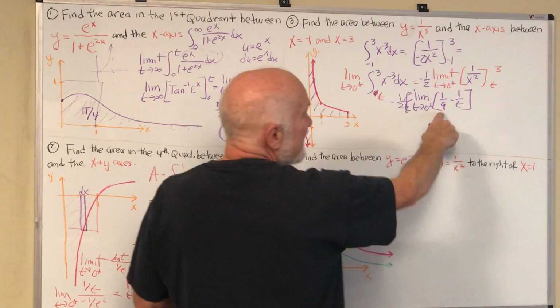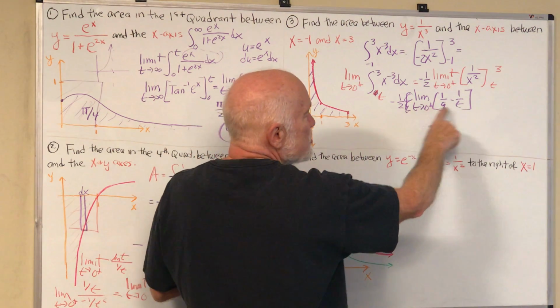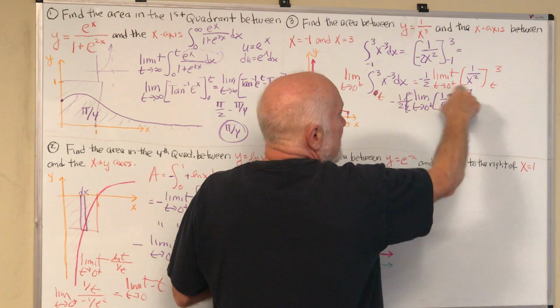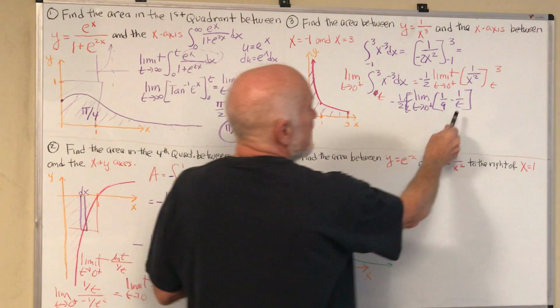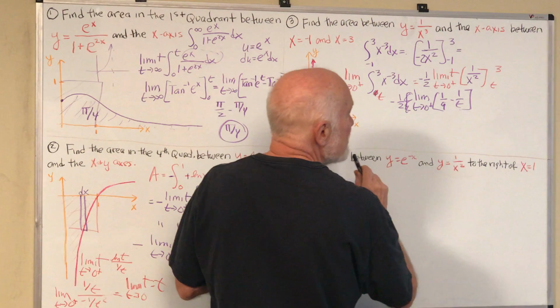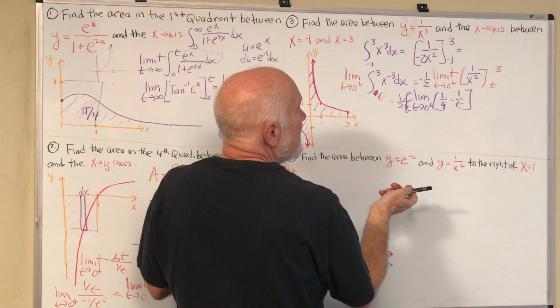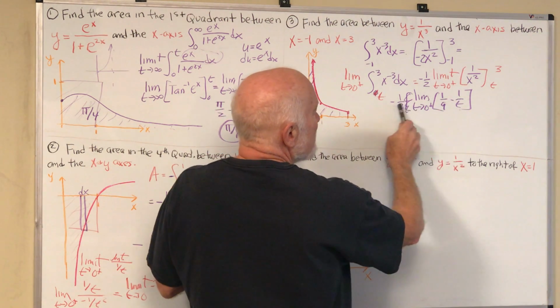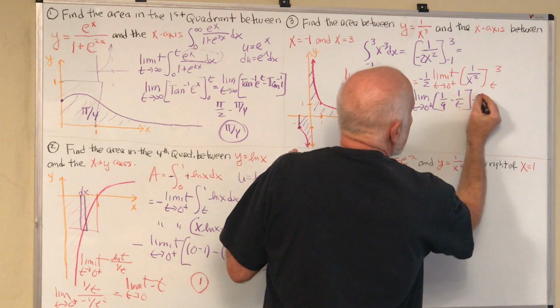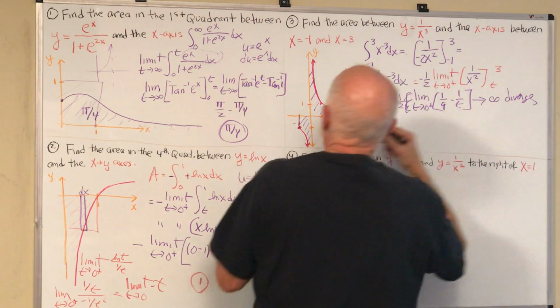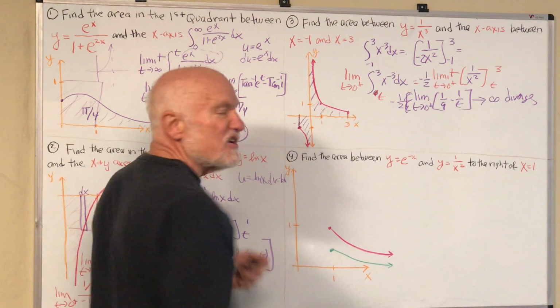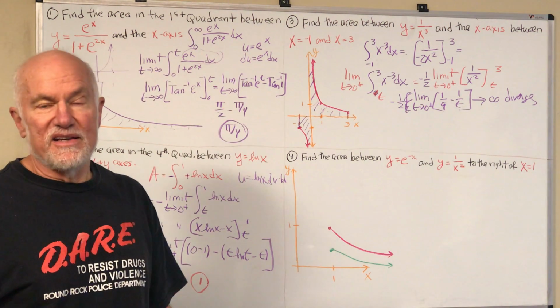Well, 1 over 9 is a number, but as t approaches 0, this 1 over t is going to approach infinity. So minus a negative infinity, this is going to go to infinity. It diverges. We're saying that just in this little section, there's an infinite amount of area.